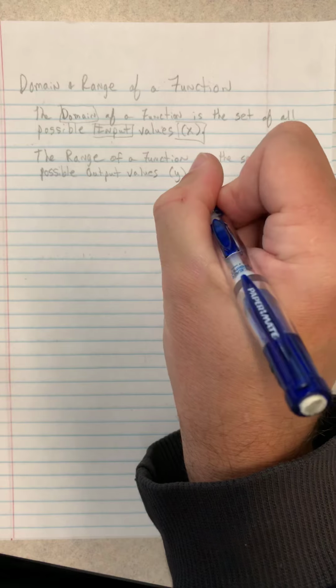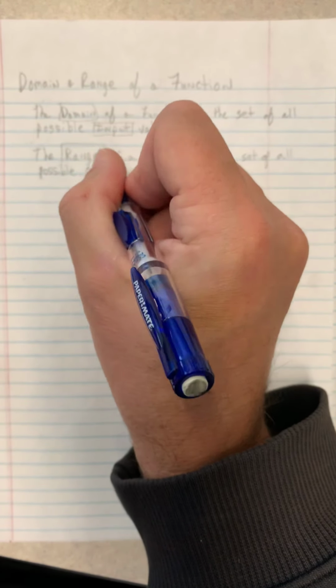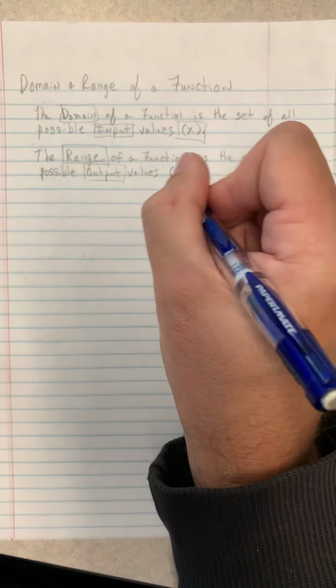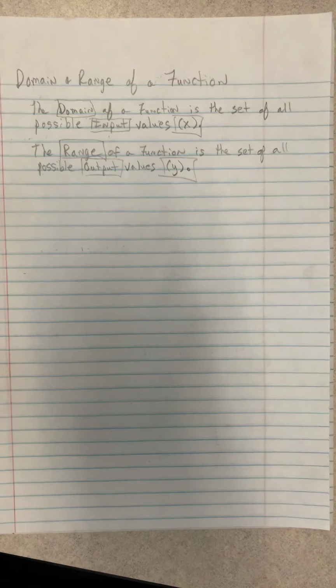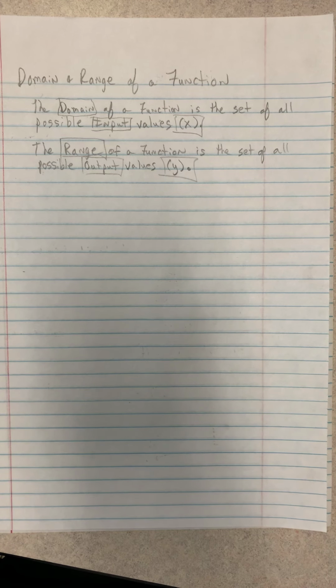And remember, those are my y's. Range, output, y. So we've had input, x, output, y, and now we've just associated domain with possible x values and range with possible y values.